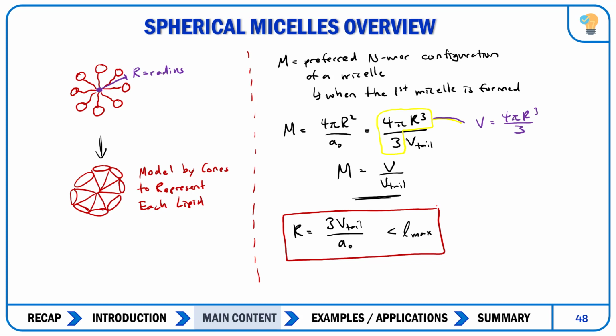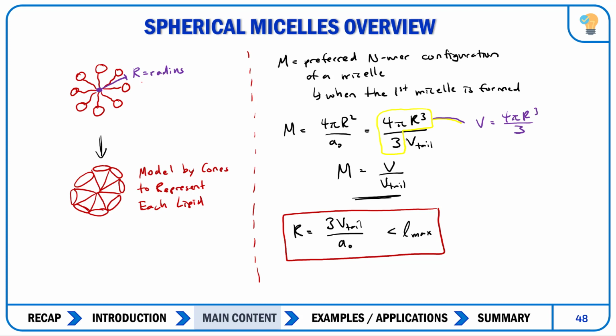So now we want to think about why the radius here needs to be less than the maximum tail length. The maximum tail length is the length of the lipid tail that is fully stretched. But in reality, when it condenses into a micelle, the tails are probably going to be a little bit squished or compressed. So therefore, the radius of your micelle should be less than the maximum length of your tail.